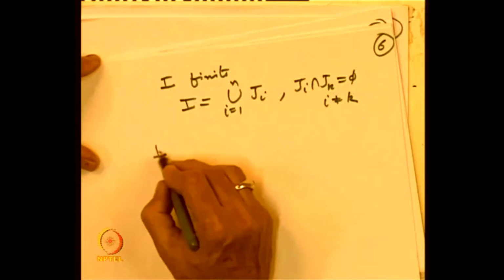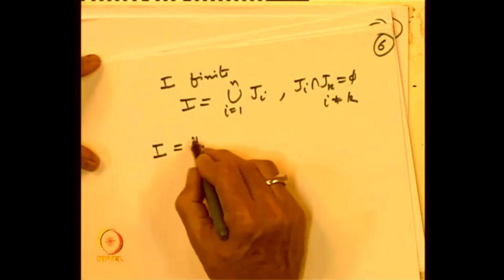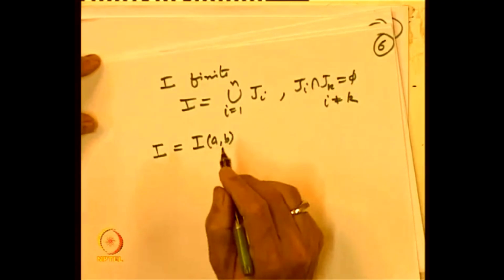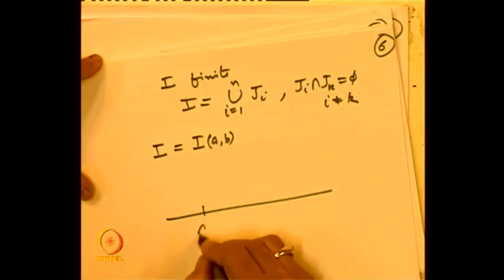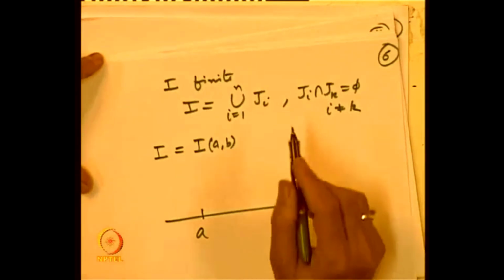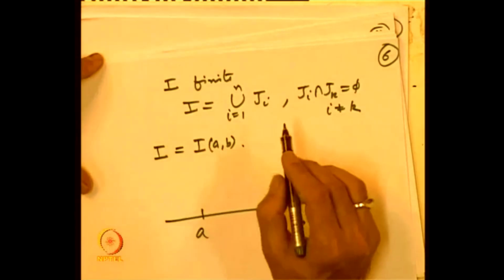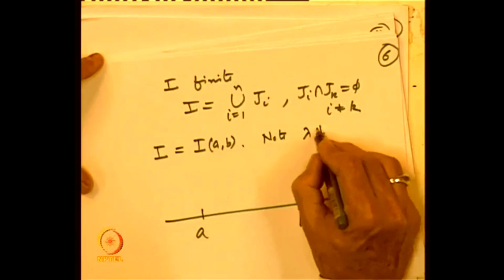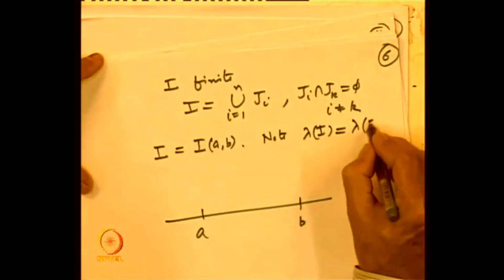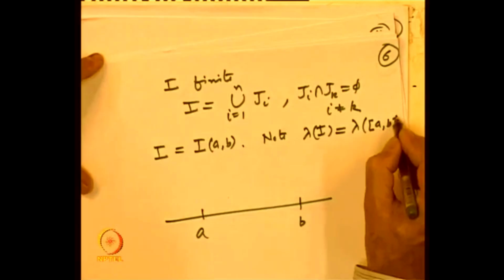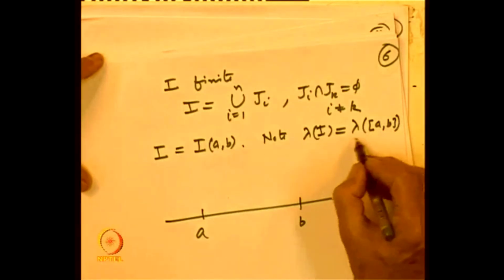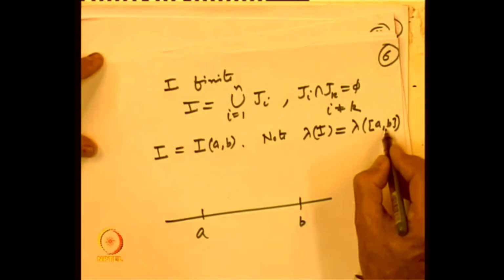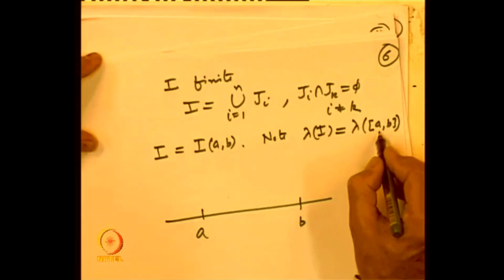Now let us say the interval I has endpoints A and B, the left endpoint is A, the right endpoint is B. We want to compute the length of I. So note, the length of I is the same as the length of the closed interval [A, B]. I can include the endpoints in the interval I, because the length depends only on the values of the endpoints. It does not matter whether the endpoints are inside or not.